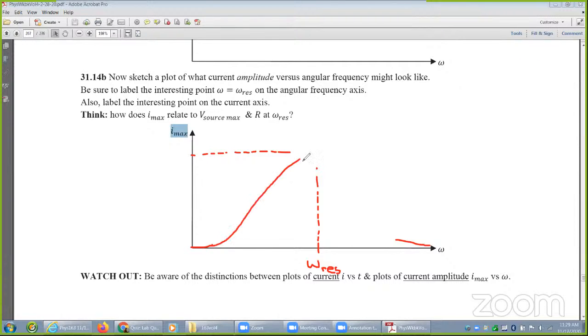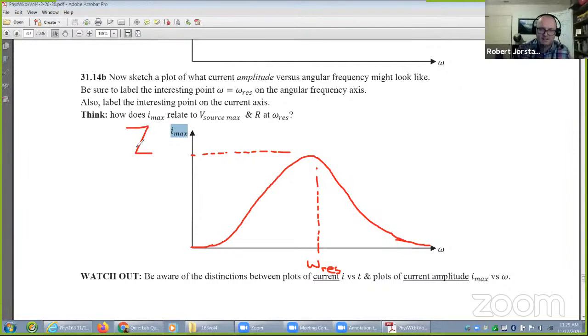Is it V over R? Yep. And this was that plot we saw yesterday that had Z to the -1 on it, right? Because isn't that proportional to I max?